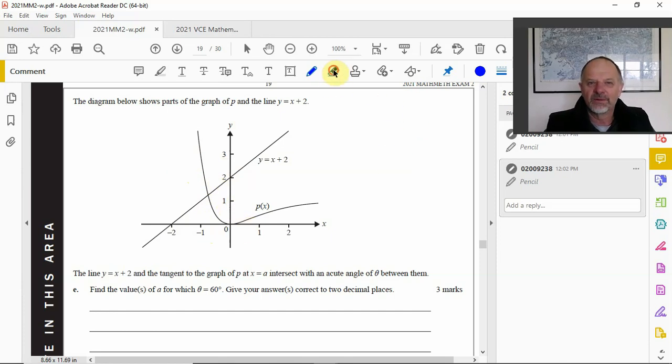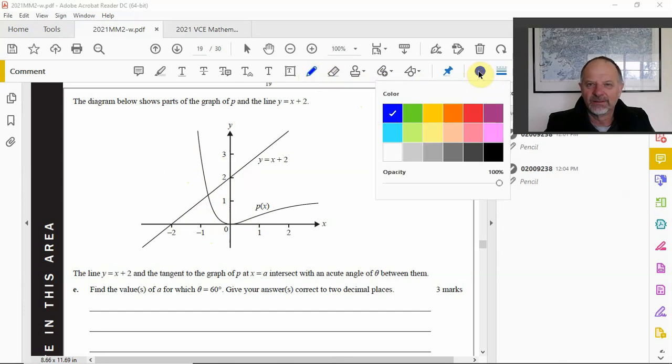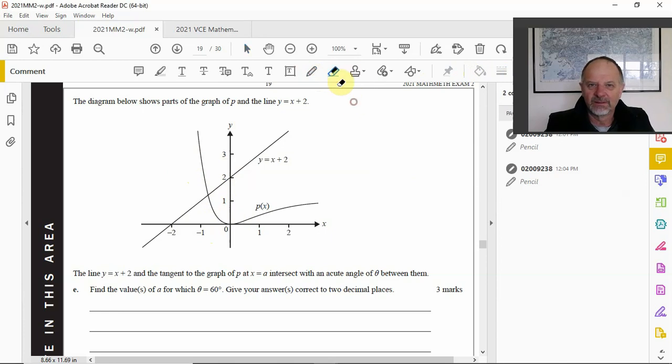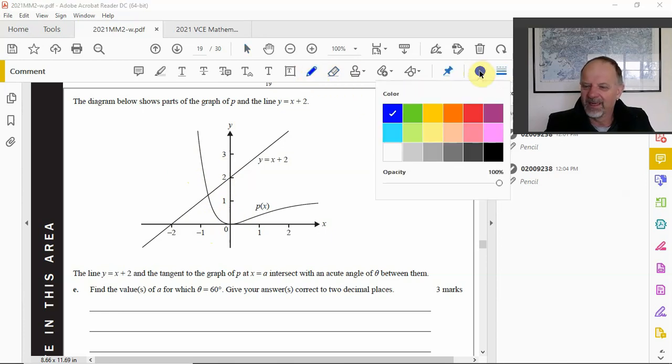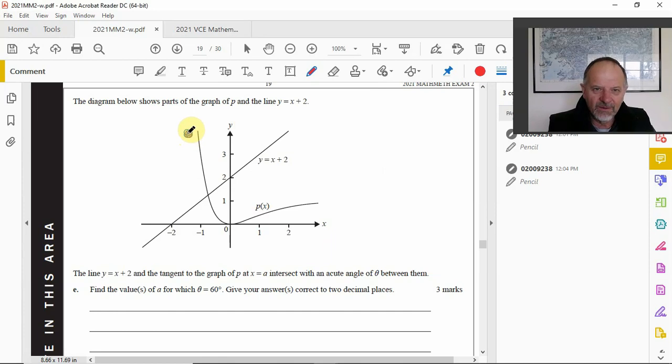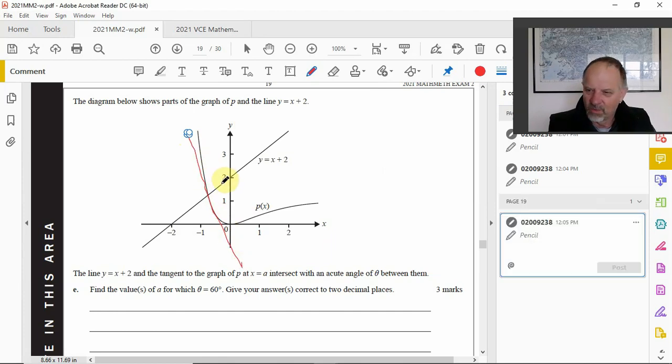So when we do that, what I'm going to do is change my pen colour here for the moment, and let's go for a red one. So I could have a tangent. All right, let's see how we go with this freehand line. We could have a tangent going down this way, where this angle here is theta.